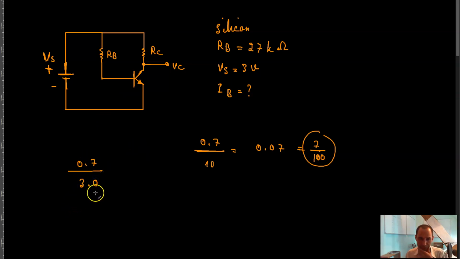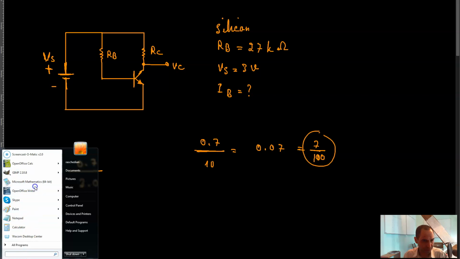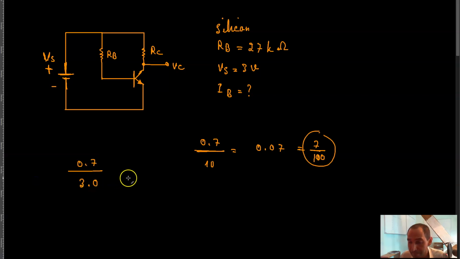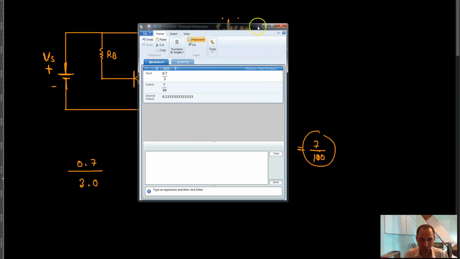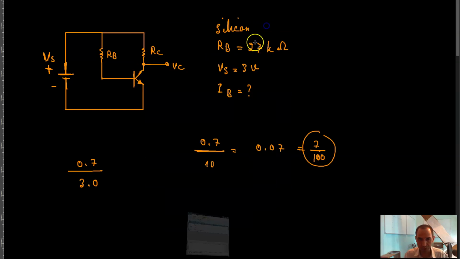In that case, that would be 0.7 divided by 3, which is about 0.2, right?